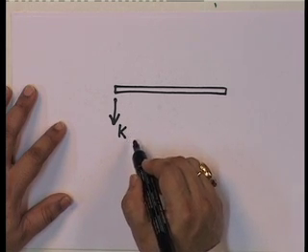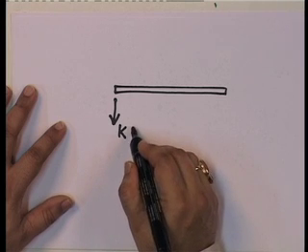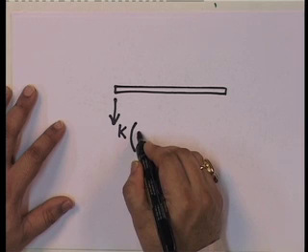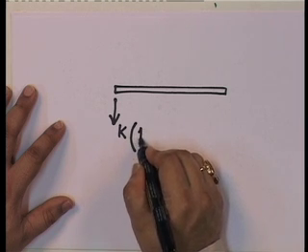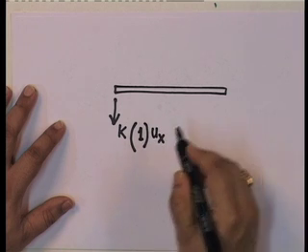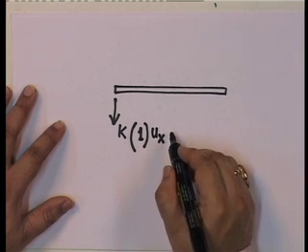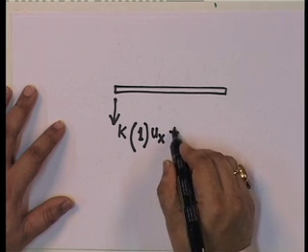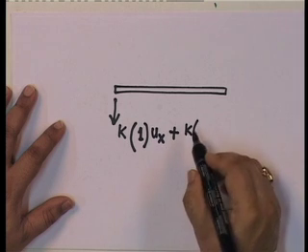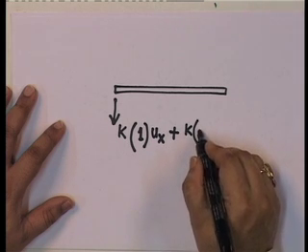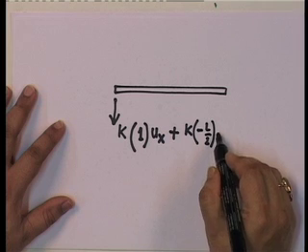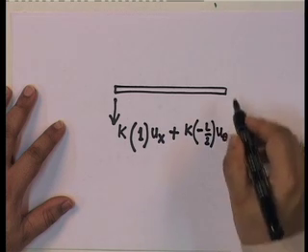It is going to be 1 into u x, plus k into minus L over 2 u theta.